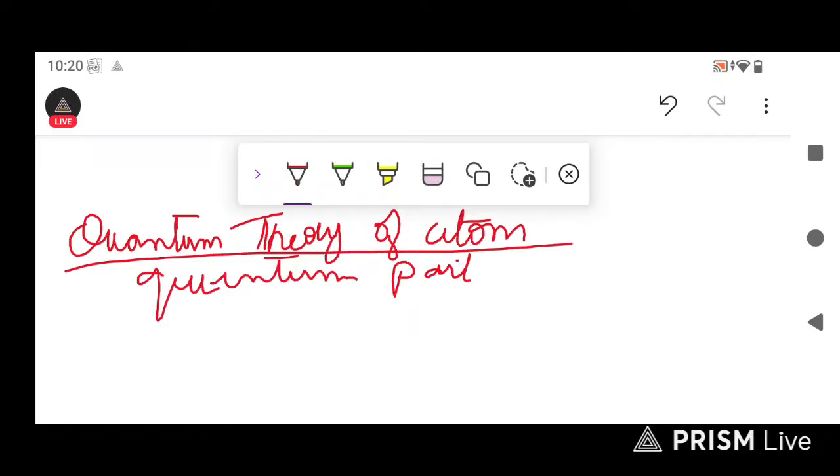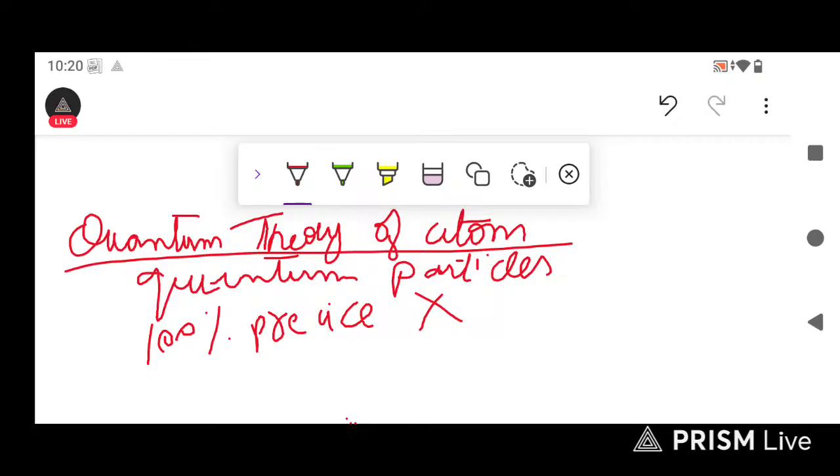We cannot map the exact 100% precise path of an electron around the nucleus. If we talk about accuracy, there is no 100% precise path of an electron that we can find.